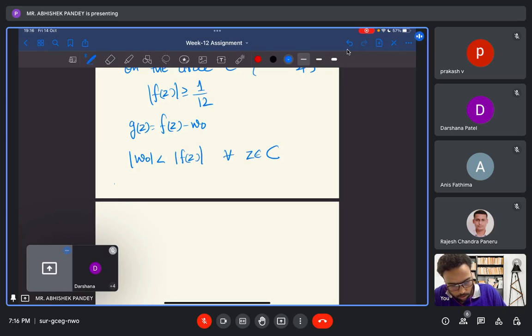So by Rouche's theorem, the number of zeros of g is equal to the number of zeros of f in the ball centered at 0 and radius 1/4.